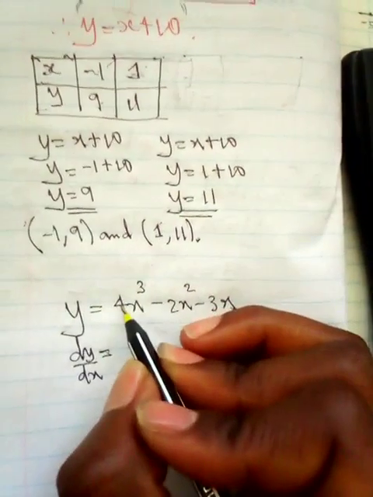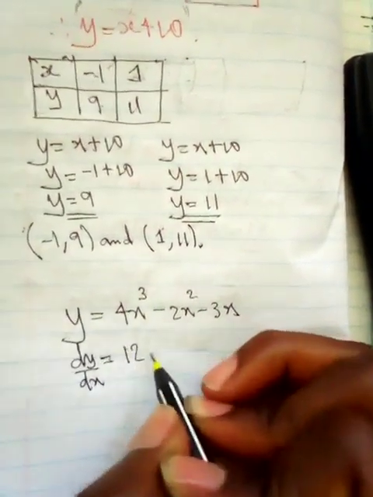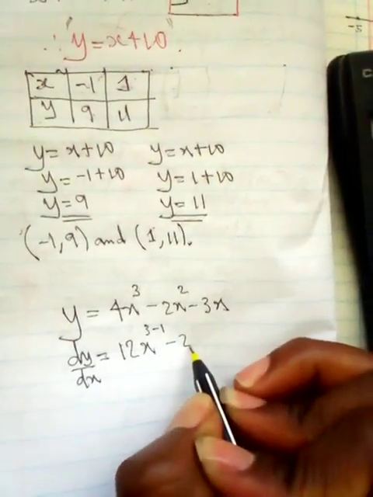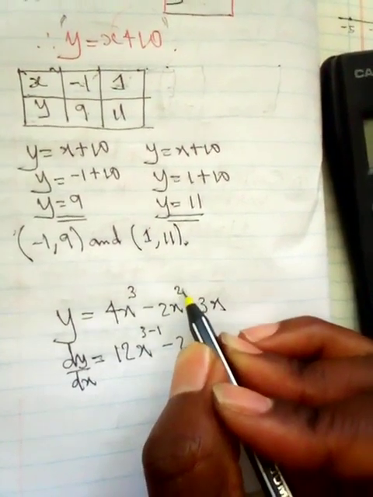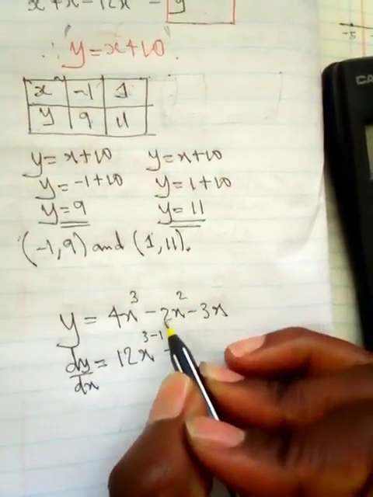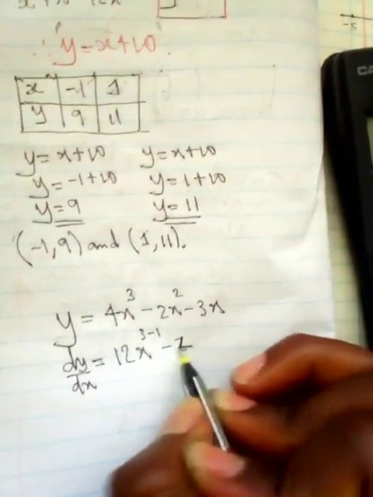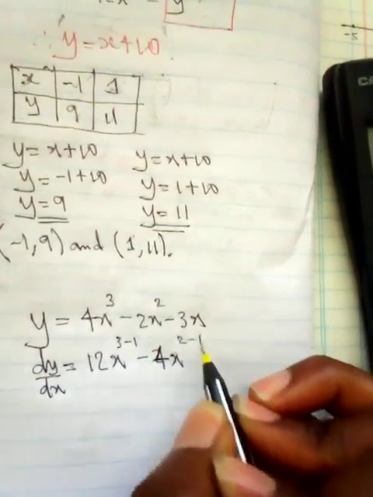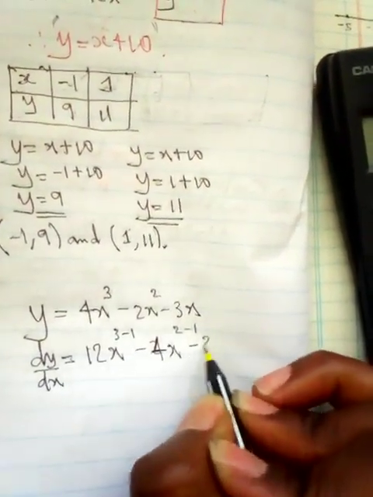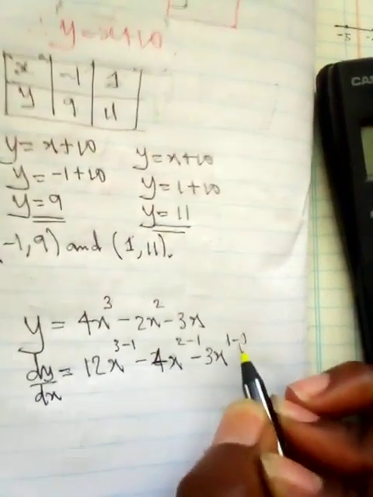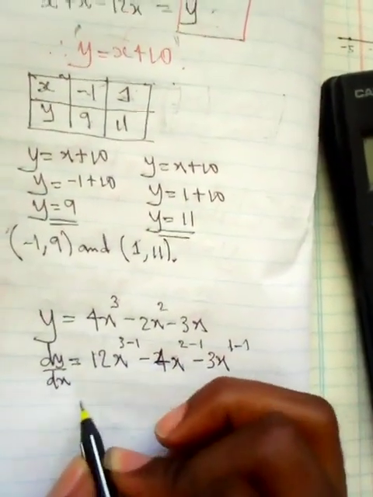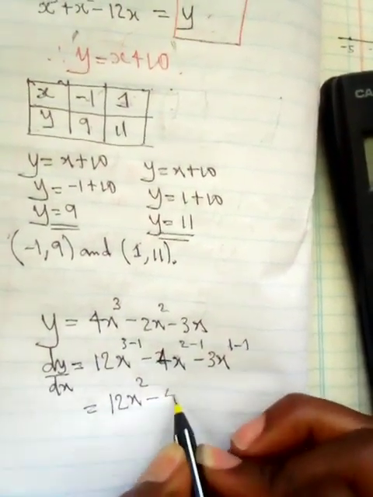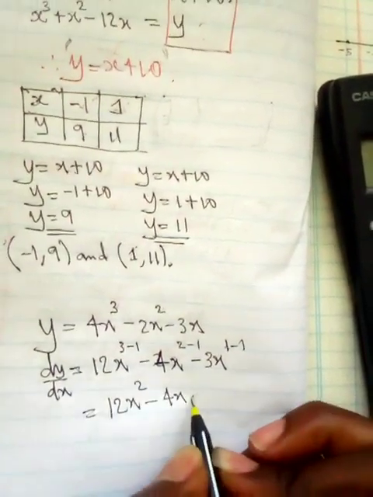Remember, power times coefficient, 3 times 4, 12, x to the power 3 minus 1, minus 2. Let me say that again. The power here is 2. The coefficient here is 2. 2 times 2, 4. So let me just write 4x to the power 2 minus 1. Of course, this is going to be minus 3x to the power 1 minus 1. So at the end of the day, we're just going to have 12x squared minus 4x minus 3.